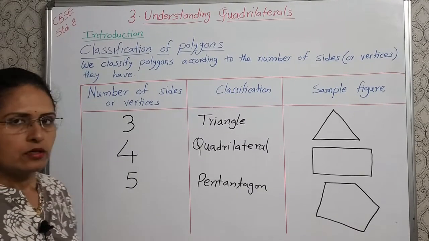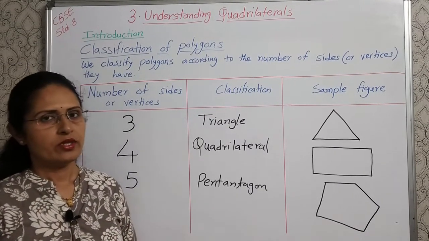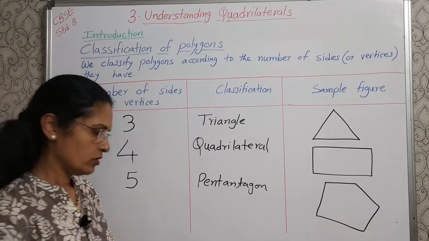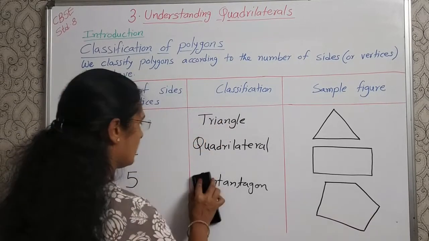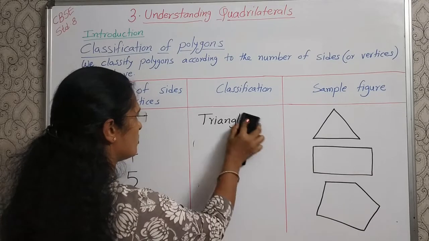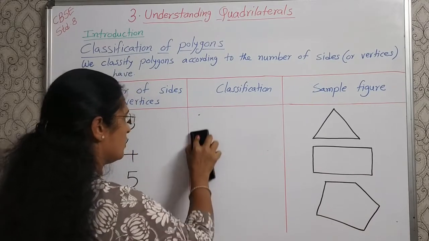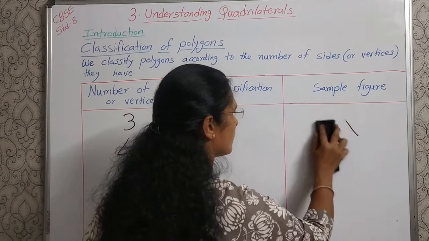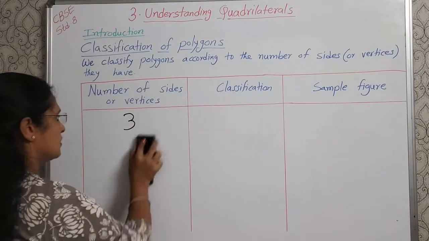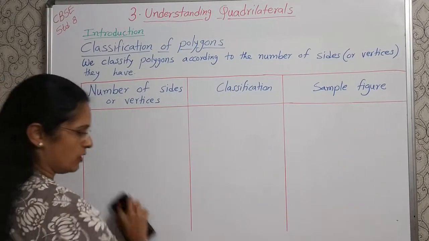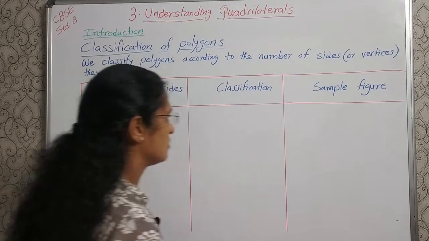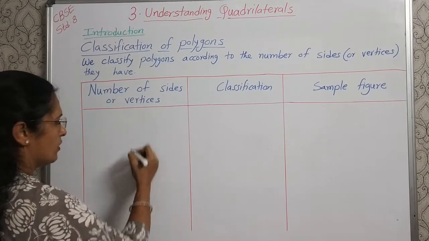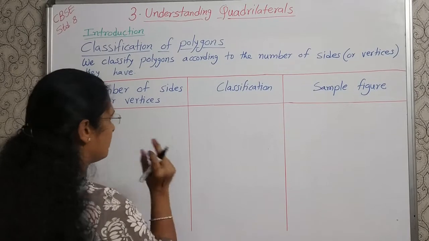Next, if 6 sides are there, then it will be a hexagon. So we'll draw that figure. 6 sides hexagon, 7 sides heptagon, 8 sides octagon, then 9 sides nonagon, 10 sides decagon. See, we saw the last one, the pentagon.